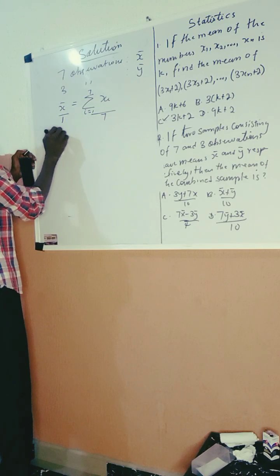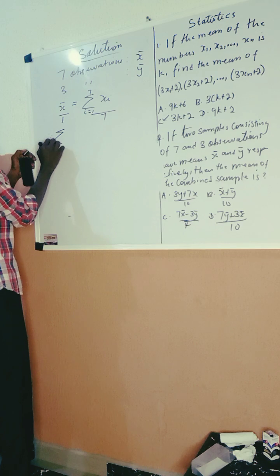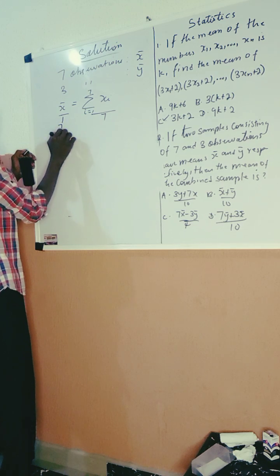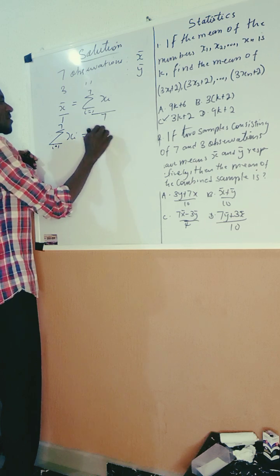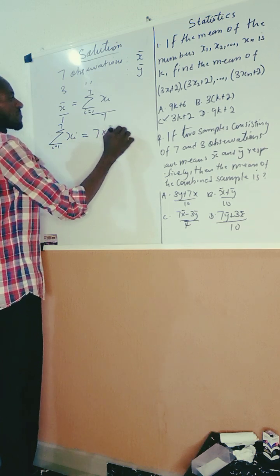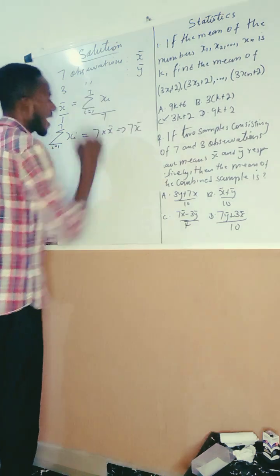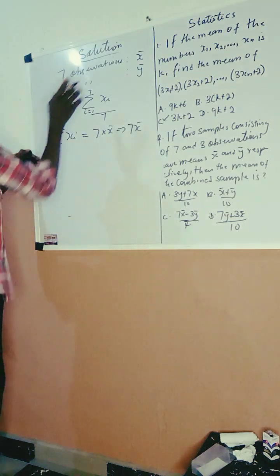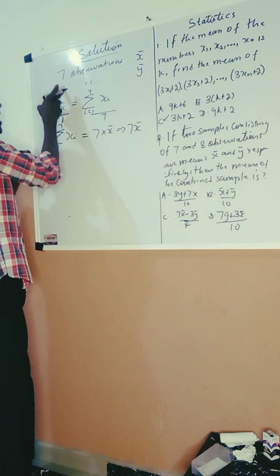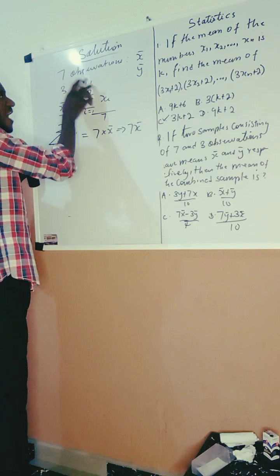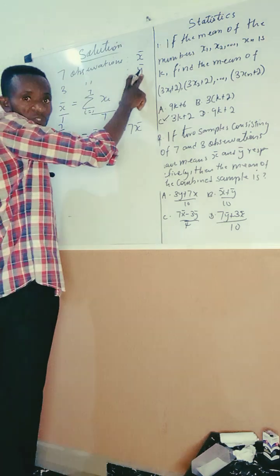I'll have therefore that summation i running from 1 to 7 of xi equals 7 multiplied by x bar, which implies 7x bar. Then I'll come down to the second part of the question that says there are 3 observations, and the mean of those 3 observations is y bar.